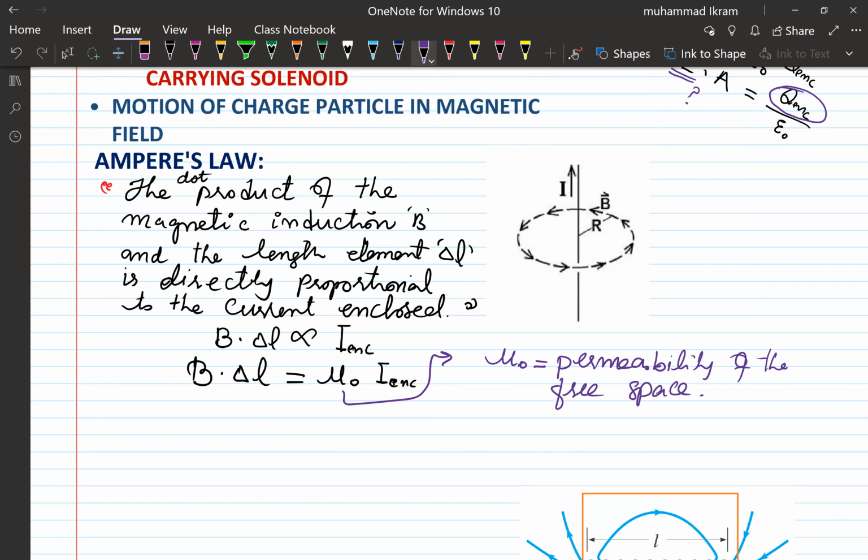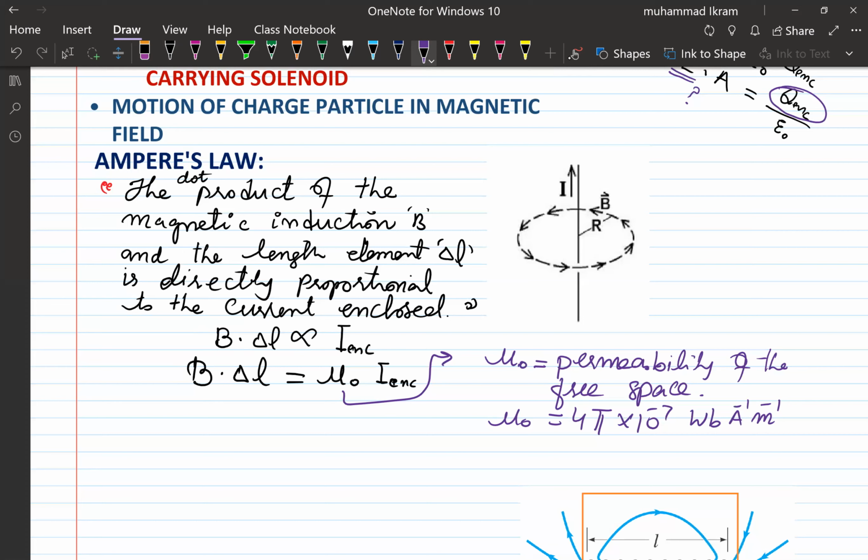Experimentally, the value calculated for this mu naught is 4 pi into 10 raised to the power minus 7 Weber per ampere per meter. This is the value of this constant.